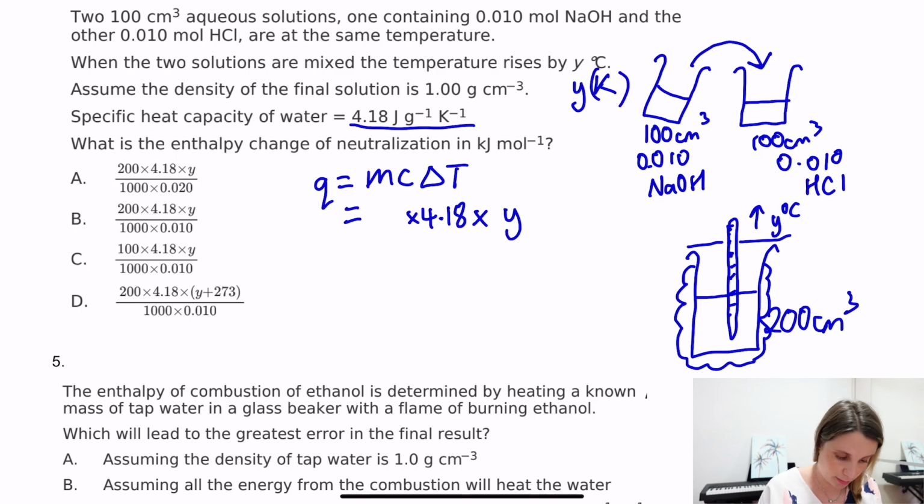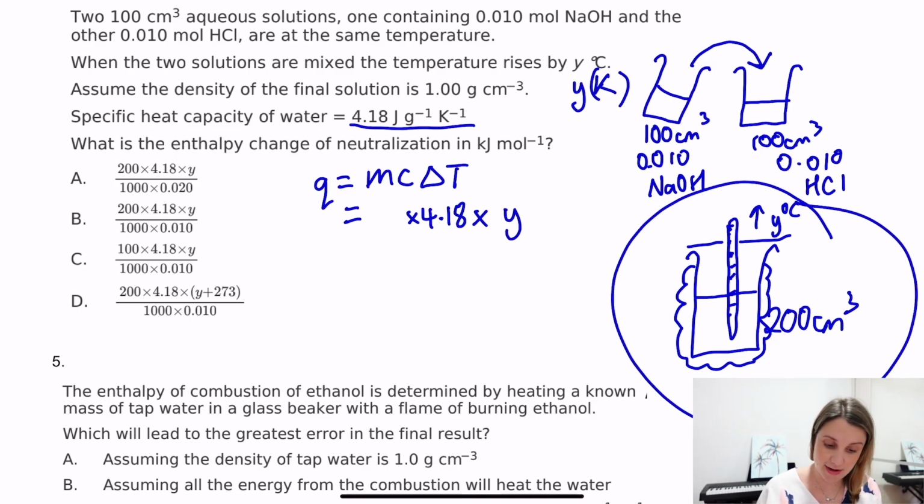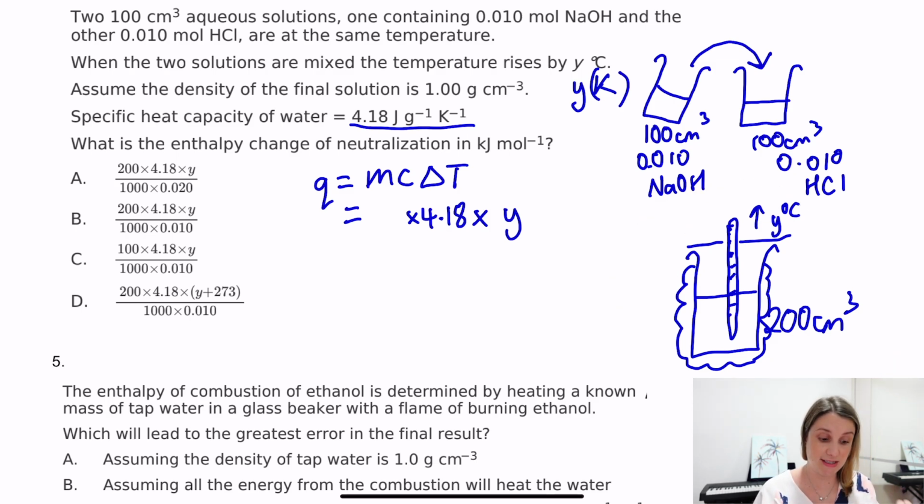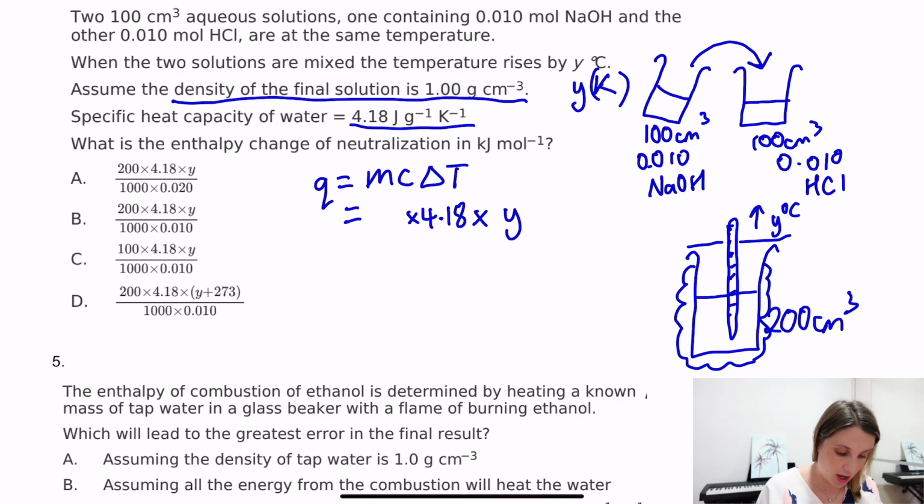So I'm measuring the temperature of this vessel here, the one with everything mixed together. So the mass of that liquid, it says assume the density is 1 gram per centimeter cubed. So that means that the mass of this is going to be 200 grams overall.